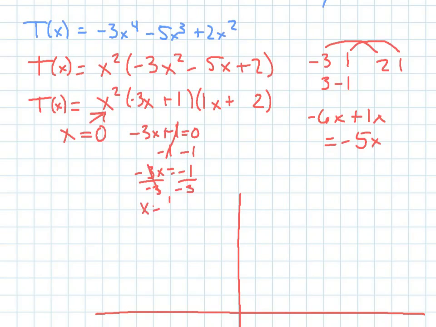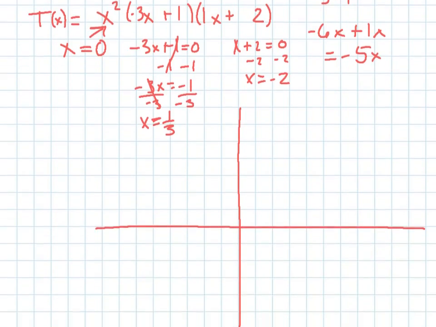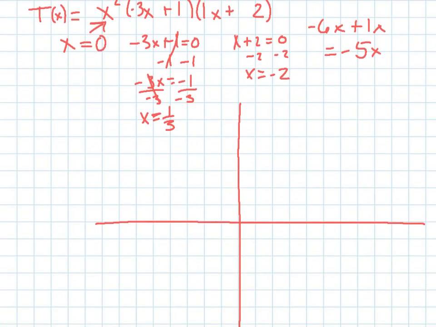So here it gets me 1/3. And then over here I get x plus 2, so x equals -2. Okay, so I got my 3 values: -2, 0, 1/3. It'll let me graph it. There you go.